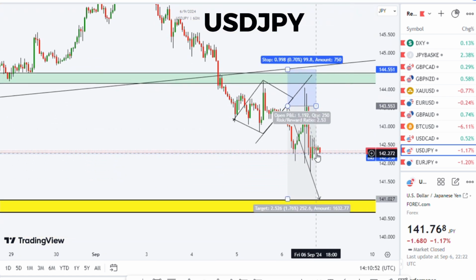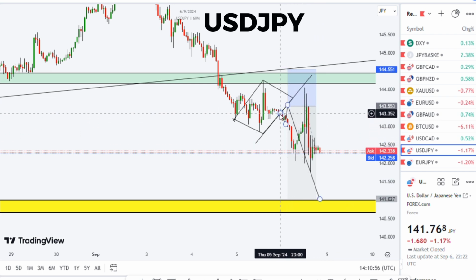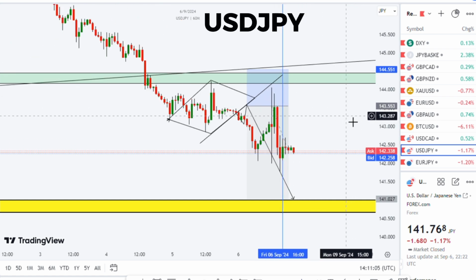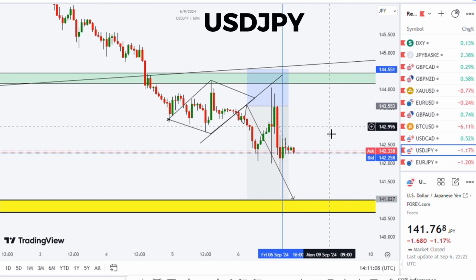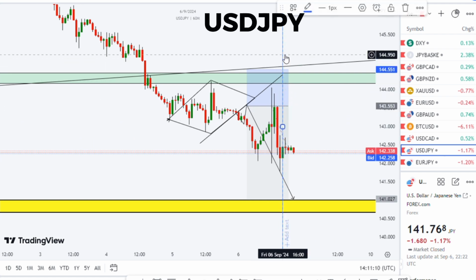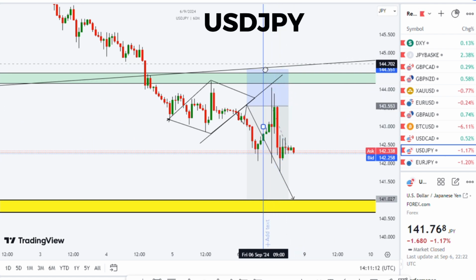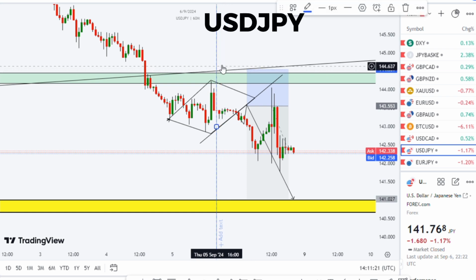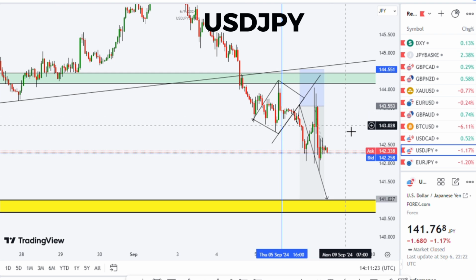Let me just take my vertical line here so that we can see it clearly. So USD JPY, 5th September at 4 p.m.